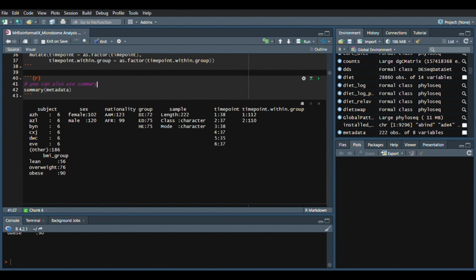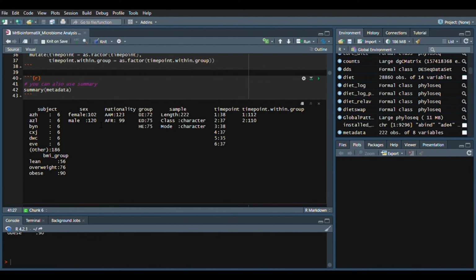As you can see, we have subject, which lists unique subjects and their counts. For example, we have AZH, it appears 6 times, indicating multiple samples for that individual. And then sex, we have female and male. It displays gender distribution, with 102 female and 120 male.